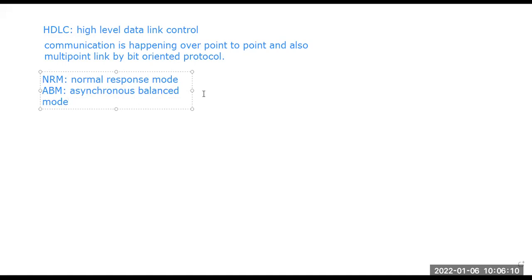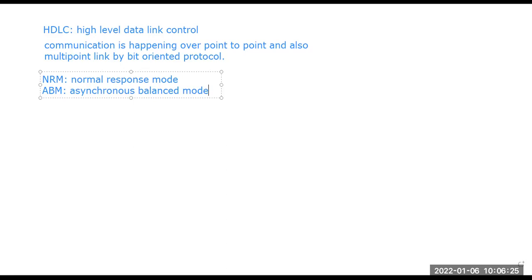These two modes are used when transferring data or configuring the scenario. So HDLC has these two types of modes: NRM and ABM.